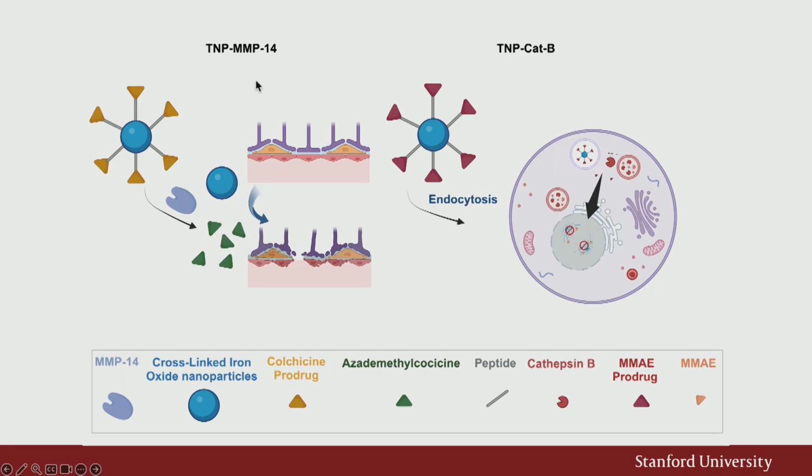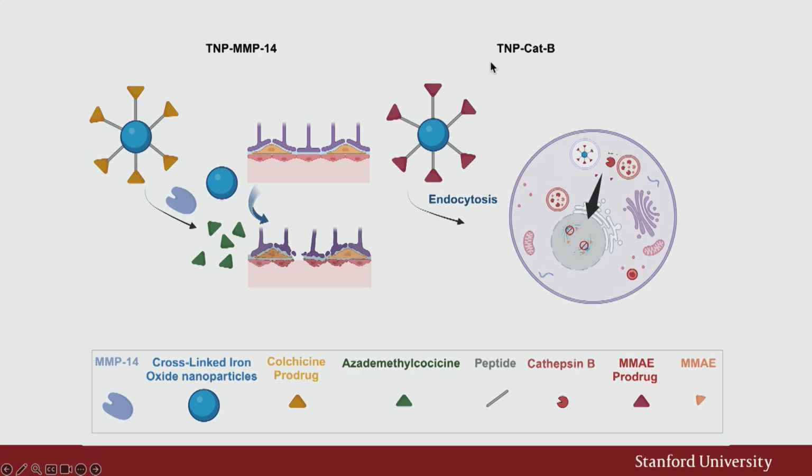The first one is TMP-MMP14, which is specifically activated by MMP14, known to be elevated in the tumor area rather than the normal brain tissue. When it goes to the tumor and is activated by MMP14, it releases colchicine, a vascular disrupting agent, which breaks down the tumor blood barrier and allows subsequent therapies to go to the tumor.